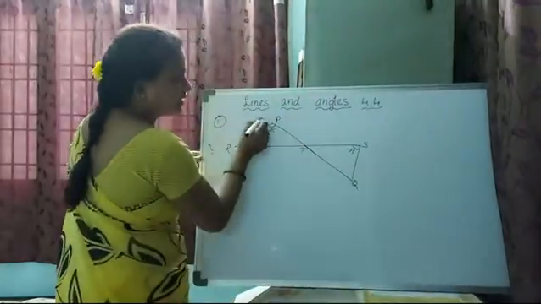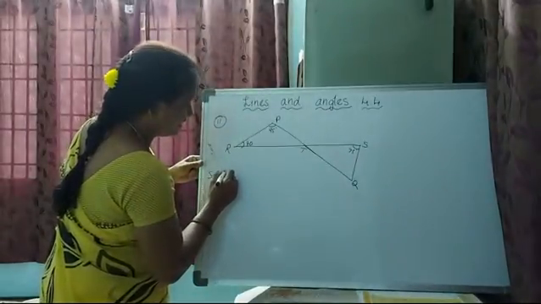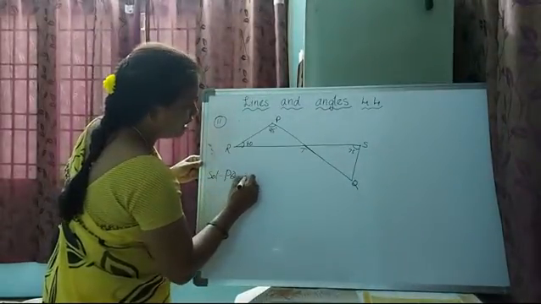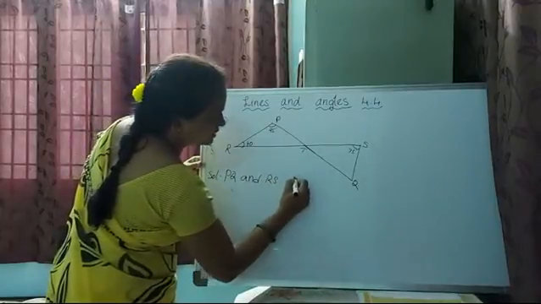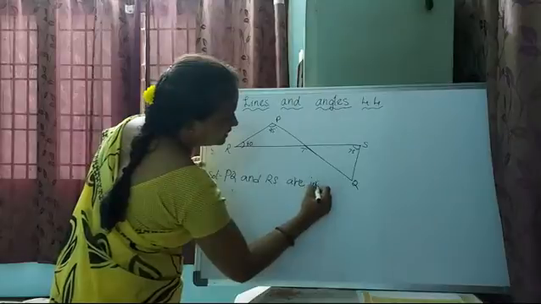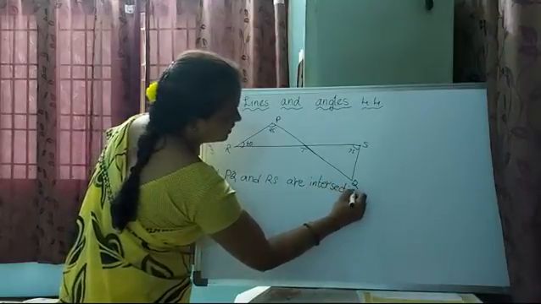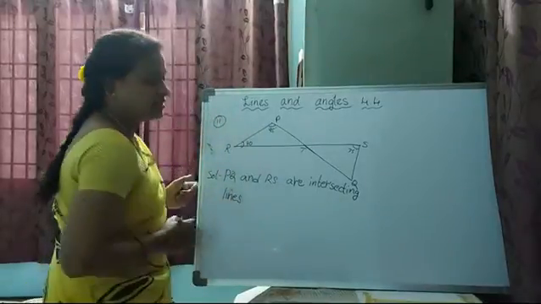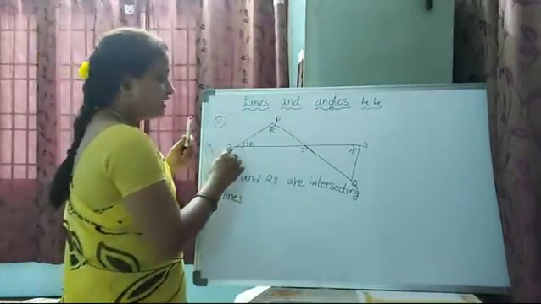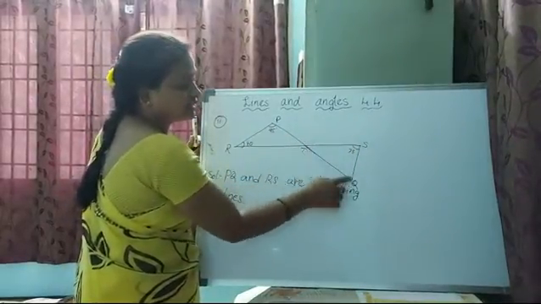These two are intersecting lines. PQ and RS are intersecting lines. That means vertically opposite angles are equal, so angle RTP is equal to angle STQ.